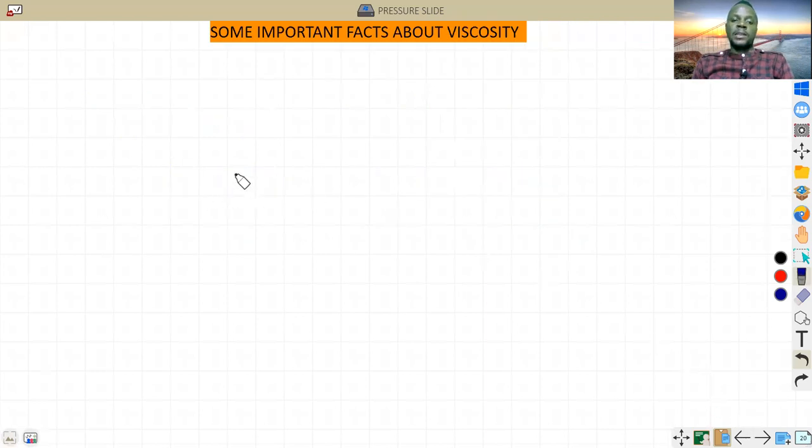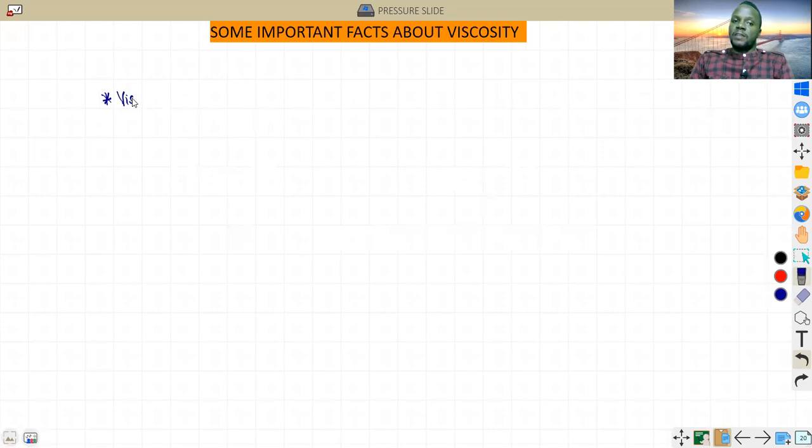Fine. Now, in the next slide, we are going to discuss some important points about viscosity. As we have already discussed in the previous slide, we said that viscosity depends on viscous force. We can just write it in front. The process is viscosity. The force acting is called the viscous force.